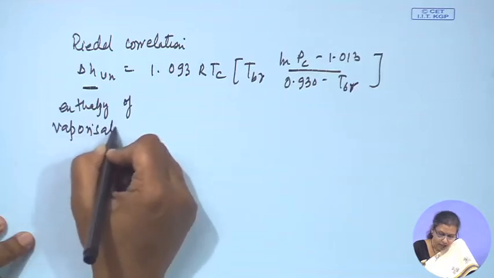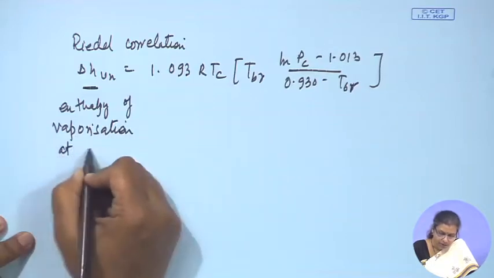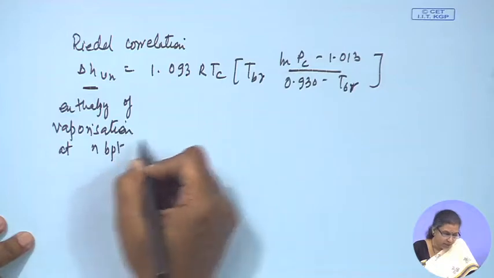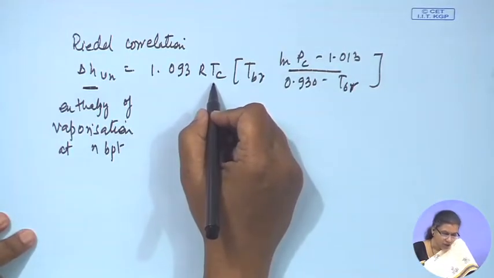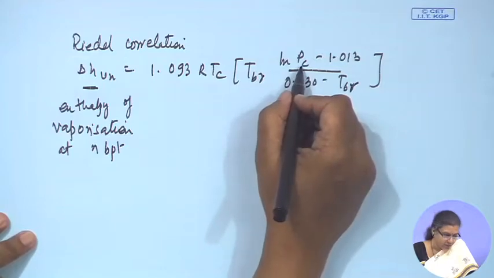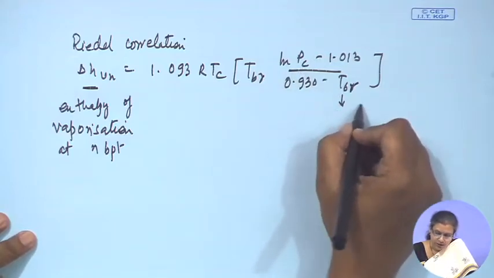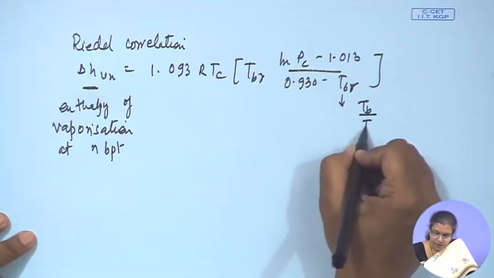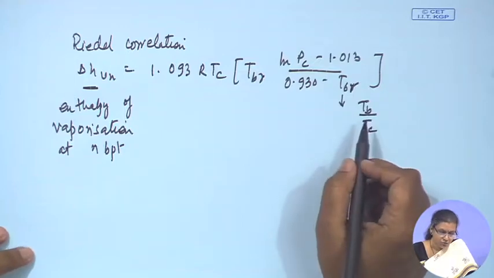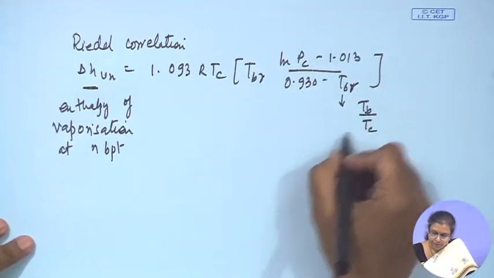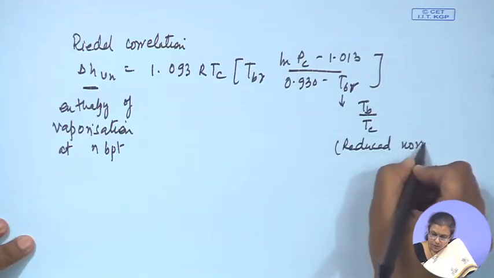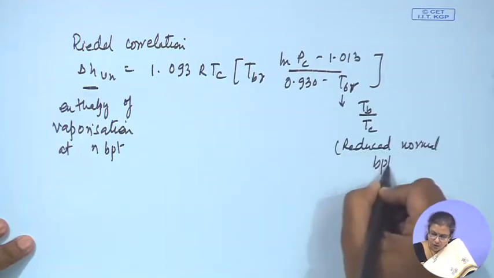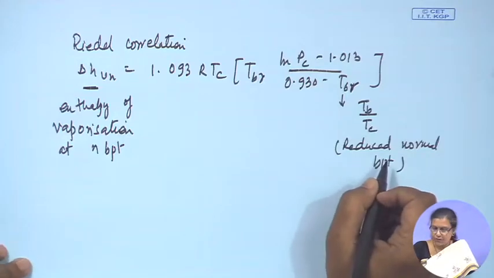vaporization at normal boiling point. Tc is the critical temperature, as we know. Pc is the critical pressure, and TBR is the reduced normal boiling point of the particular substance with which we are dealing.